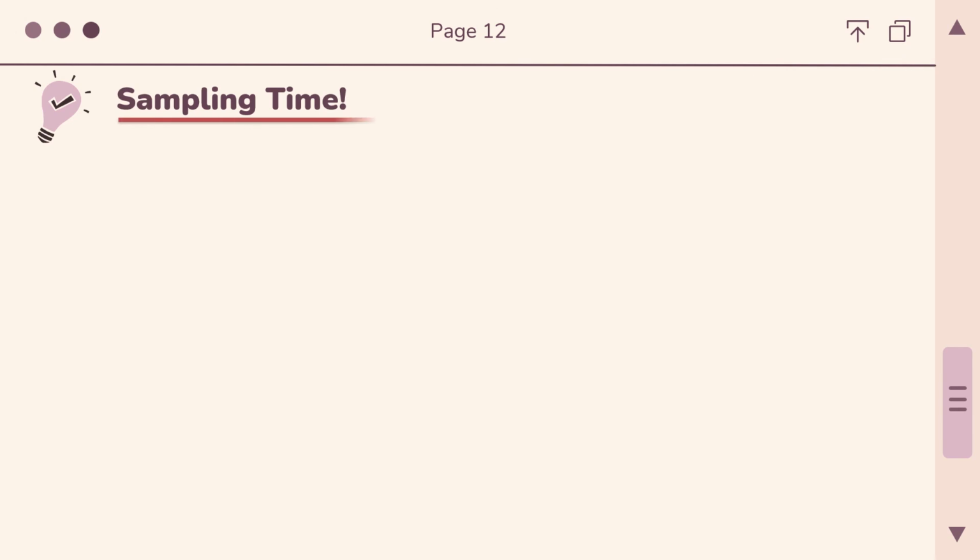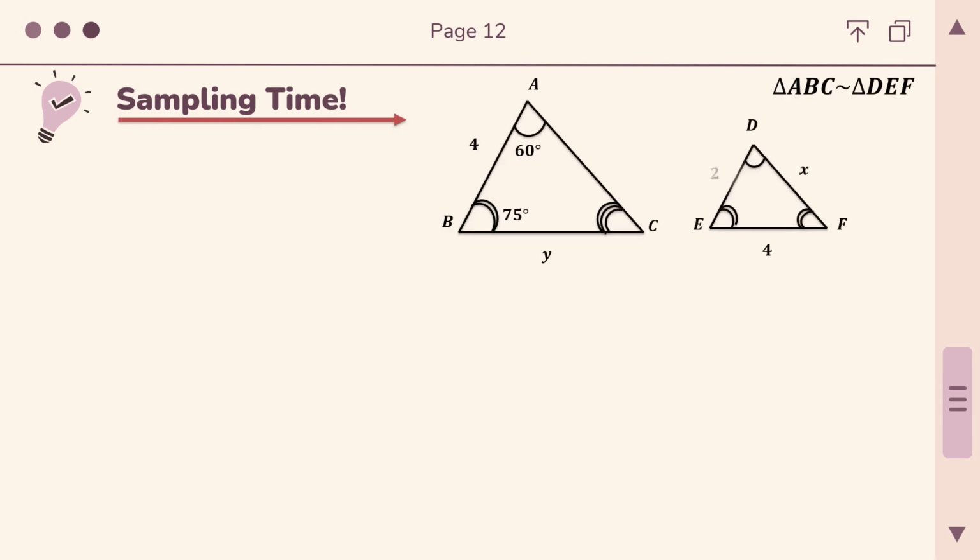Sampling time. Okay, for our activity on lesson number 2, this one, ang atong example. So we have triangle ABC, similar with triangle DEF. So bigger triangle ABC, is it similar with triangle DEF? With the given following 60 degrees.